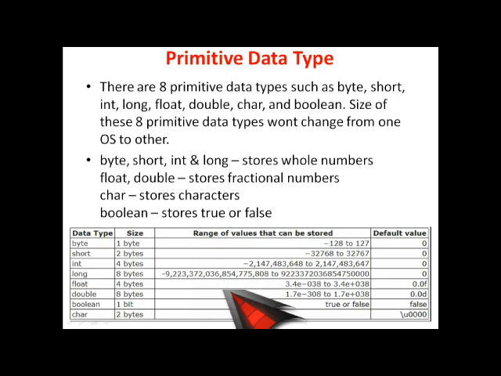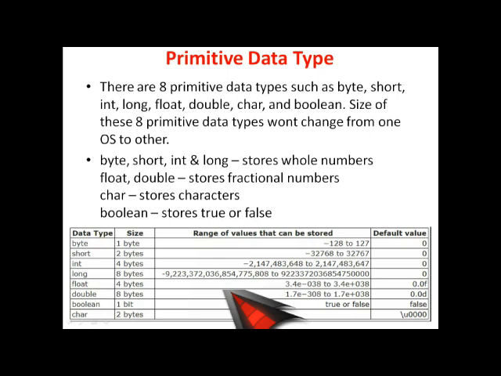These primitive data types, let's look at them in more detail. These are 8 primitive data types such as byte, short, int, long, float, double, char and boolean. These data types define what type of values you are using in your program.